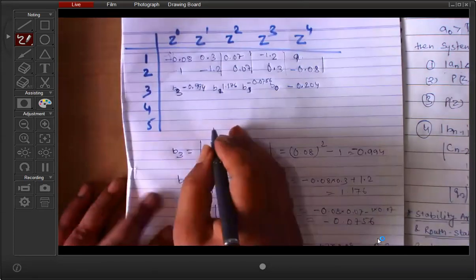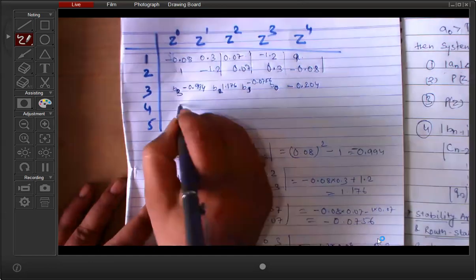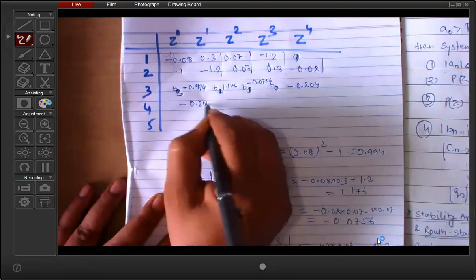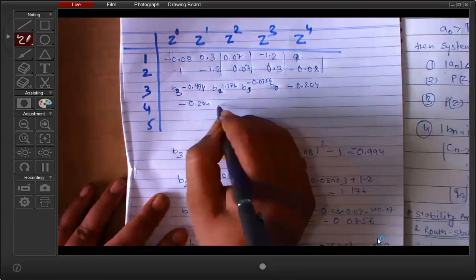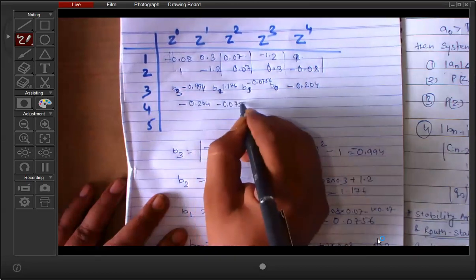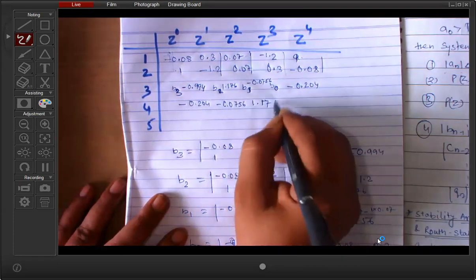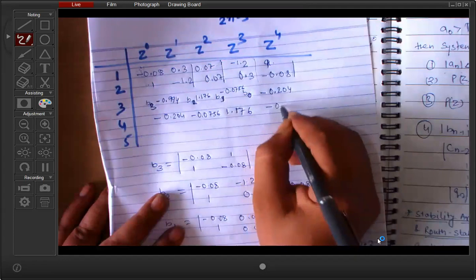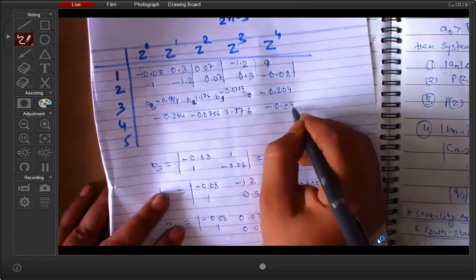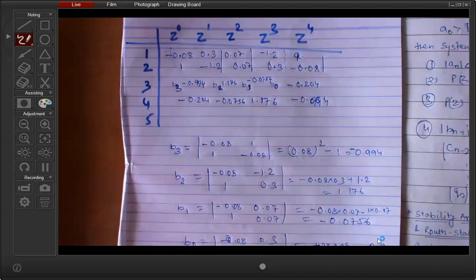So again the elements of the fourth row are just the reverse: minus 0.204, minus 0.0756, 1.176, minus 0.994. Any doubt in the elements of the third row and fourth row? Any doubt?